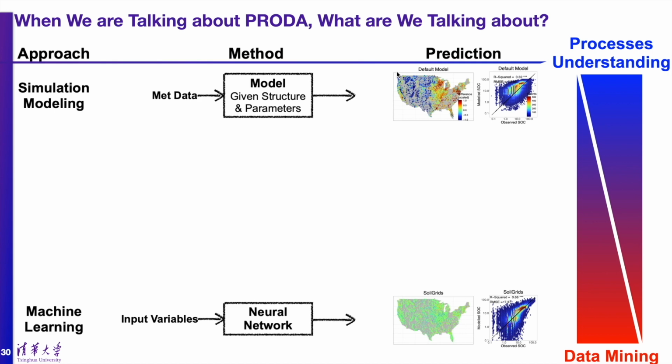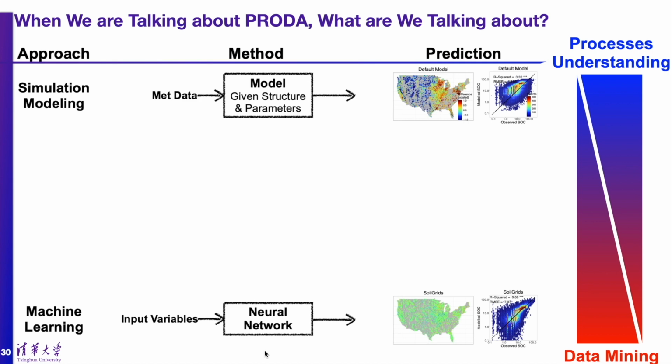At the same time, there is another extreme on this spectrum, that is digital soil mapping, where scientists do not consider processes in the land carbon cycle, but only focus on the data they can get by applying techniques such as deep learning.